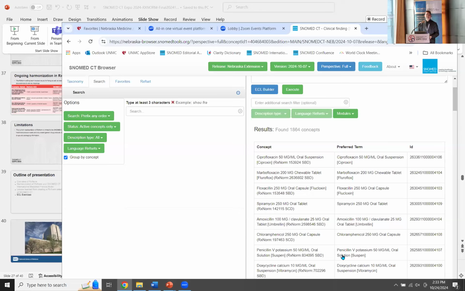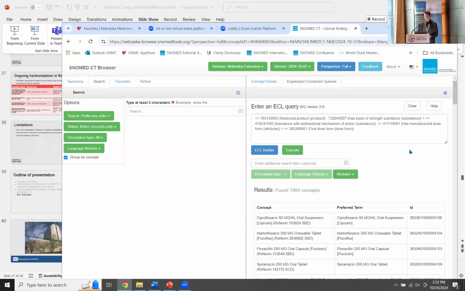If I used has active ingredient instead of basis of strength substance, wouldn't the result be the same? Theoretically, in an ideal world it would be, but I tried that, and in some cases there are some differences. We got tripped up by the fact that some of the ingredients are represented as salt forms, some are not.